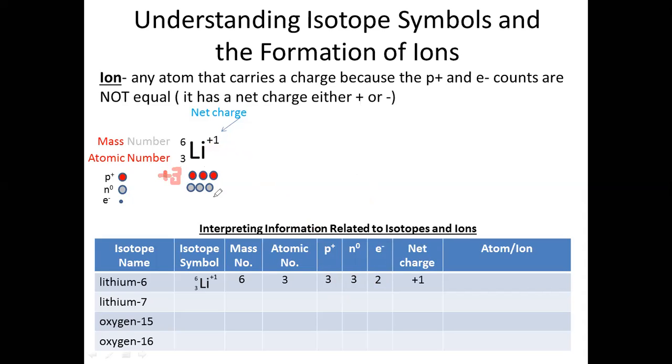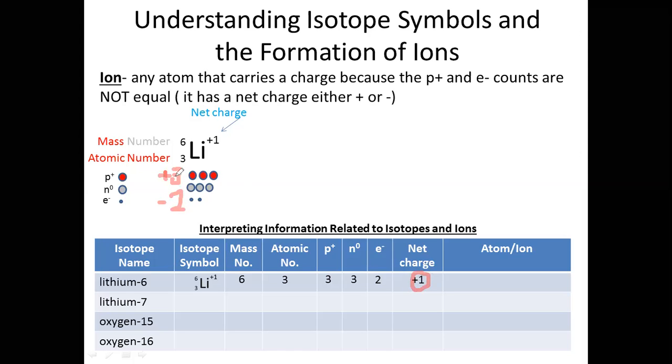Well, what we know is the net charge here is +1. What that actually means is the number of particles that are positively charged have to outweigh the number of particles that are negatively charged. What I mean by that is specifically, we would know there'd have to be 2 electrons. Well, here's why. Electrons have a negative charge, so we know that there's 2 minus particles.